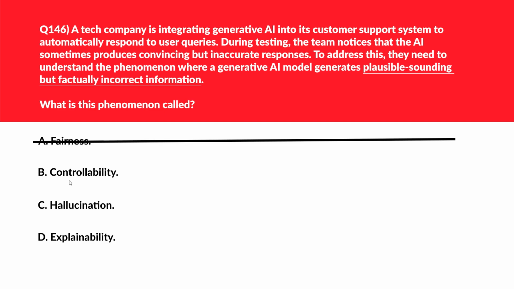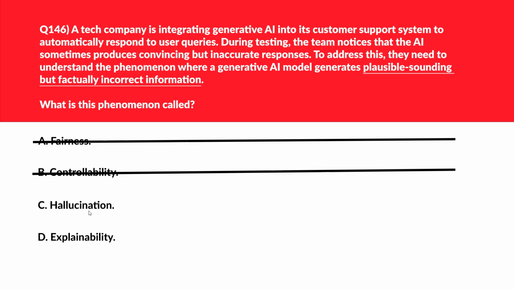Let's move to option B. B says controllability. Controllability involves the ability to direct and manage the model's behavior and outputs. As the name suggests, control means controlling the model's behavior. So this is incorrect. Let's move to option C. C says hallucination. If we focus on just the English term, hallucination means something like seeing or saying things that aren't there, even if technically I don't know something.